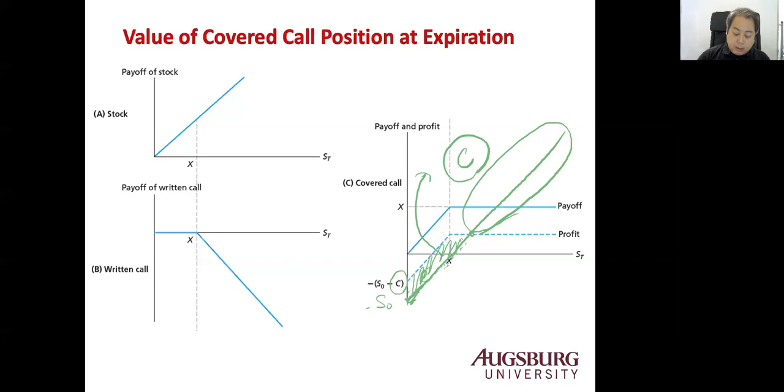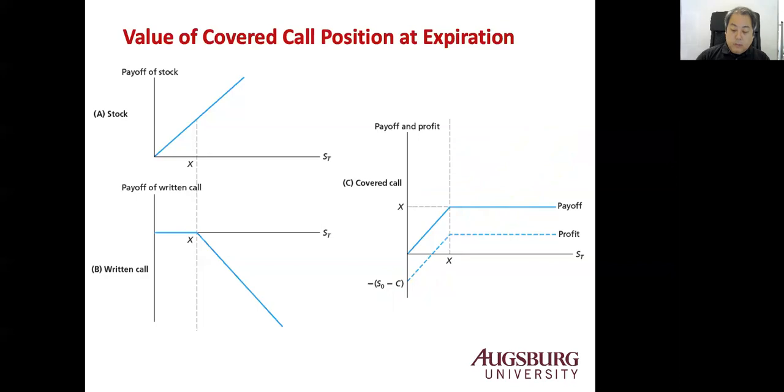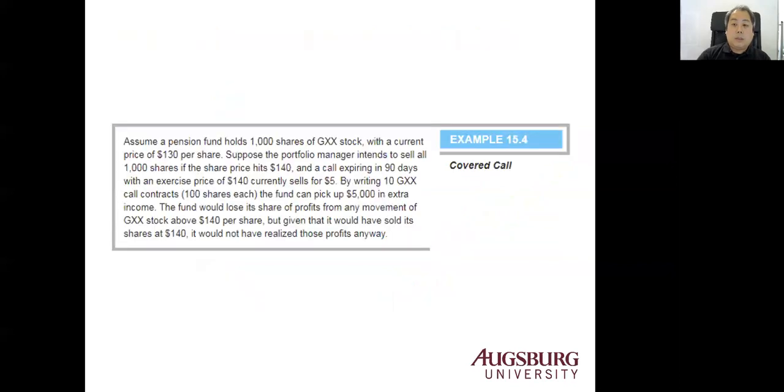Instead, you receive more money when the stock price is below the exercise price. So who is going to do this? Now let's look at the example. Example 15.4: assume a pension fund holds 1,000 shares of GXX stock, with a current price of $130 per share.